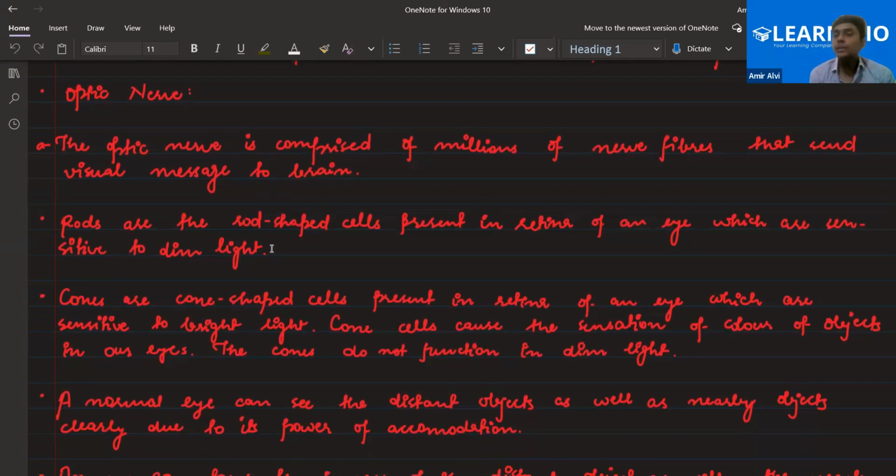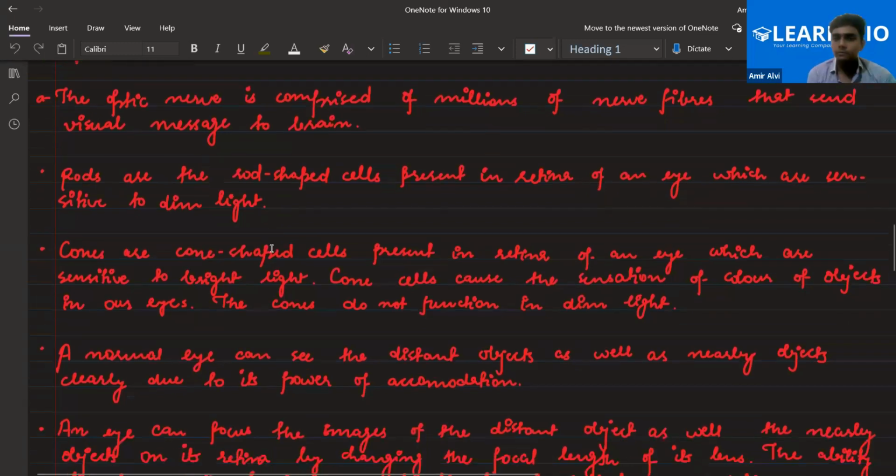The world we see in colors is due to the cone cells present in the retina. They give you the sensation of color, whether black, blue, yellow, green, and all the things. They do not work in the dim light; they are not activated in the dim light.